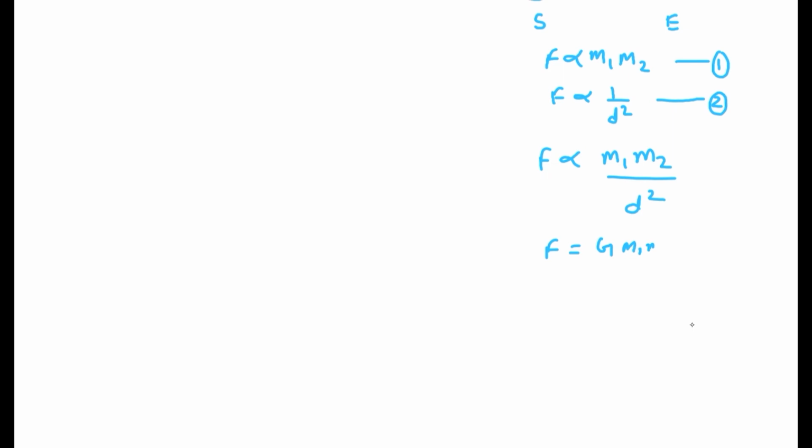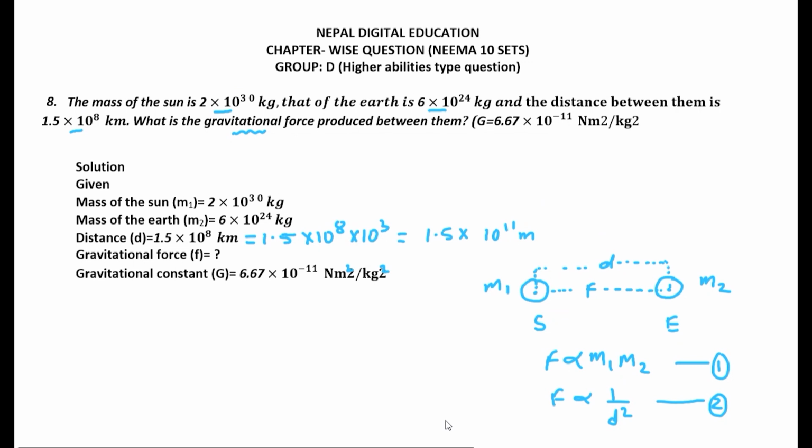So F equals G m1 m2 by d square. This is the required gravitational force. Just by using this formula, we will be able to solve this problem.